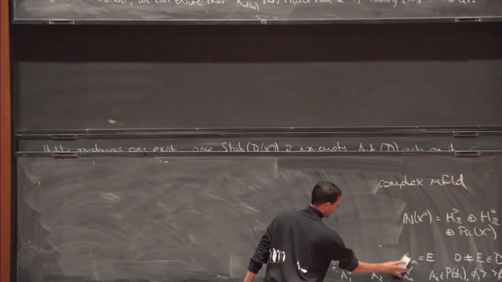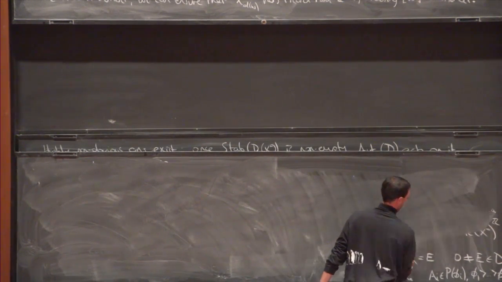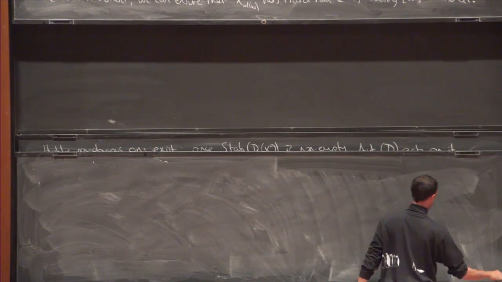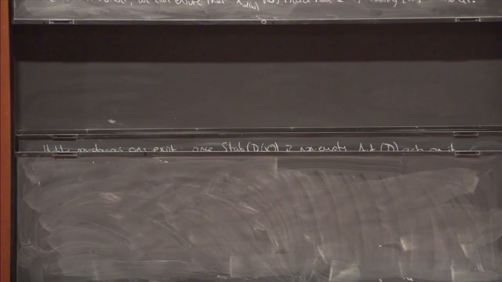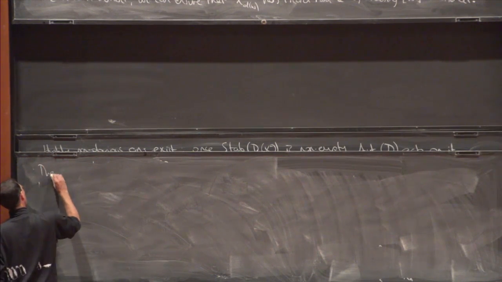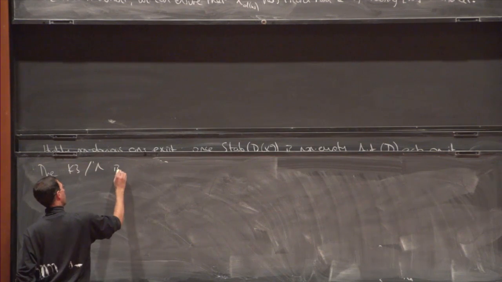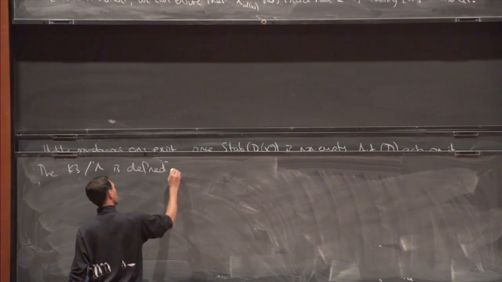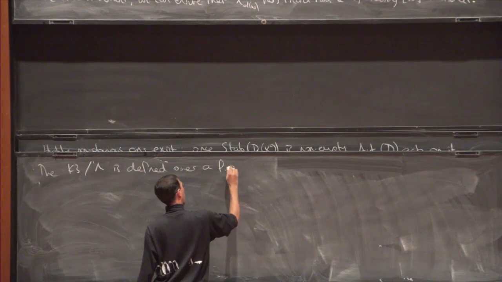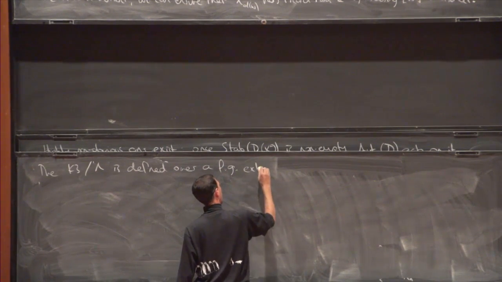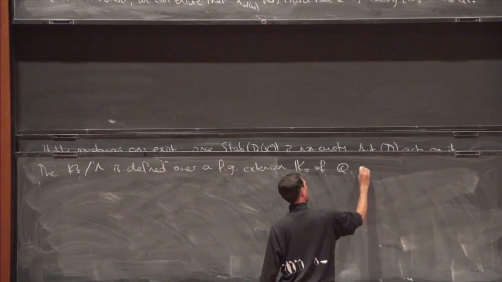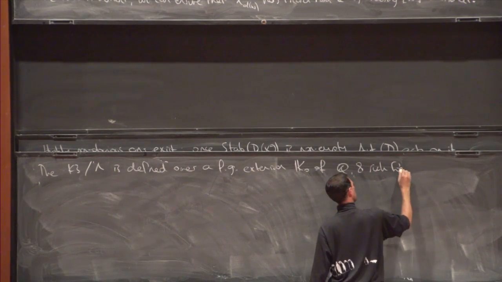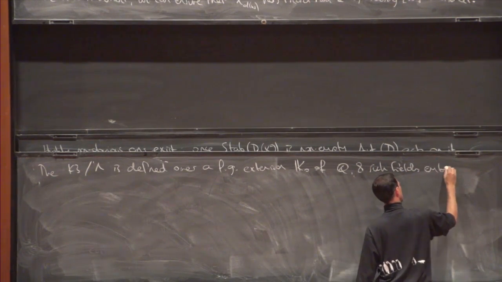Now I take my irrational Kähler form, I obtain a Picard rank 1 mirror over Lambda, but the K3 over Lambda is defined over a much smaller field, over a finitely generated extension K_0 of Q, and such fields and their algebraic closures embed into C.